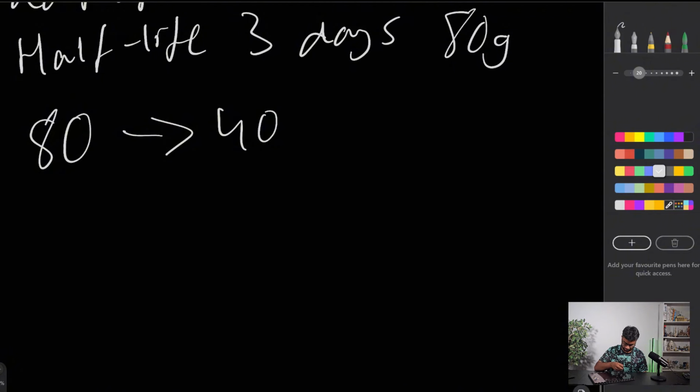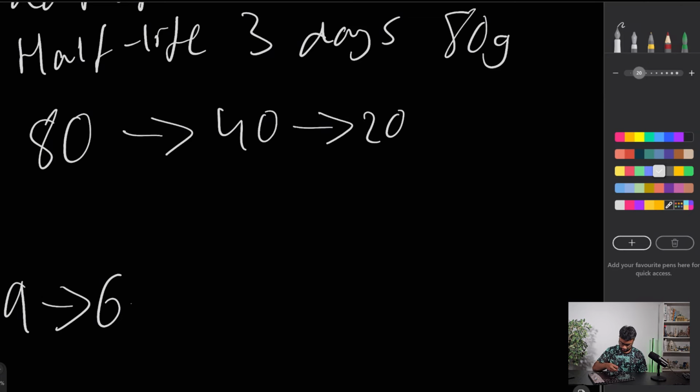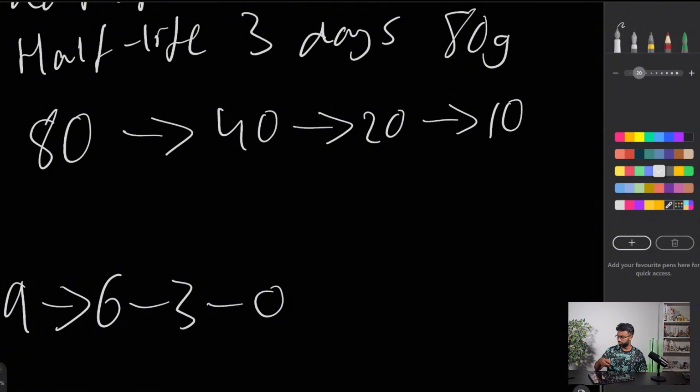So out of our 9 days, it's now 6 days left, and that's what we want to know, the amount at the end of these 9 days. So we'll go from 40 to 20 because it'll halve again. Then there'll be 3 days left, and from 20 it will go to 10 grams, and there'll be 0 days left. So we can say that after 9 days, 10 grams remains. And that is how you answer this question.